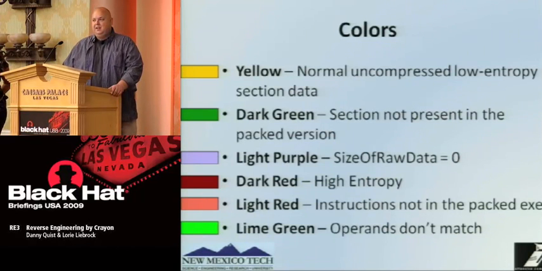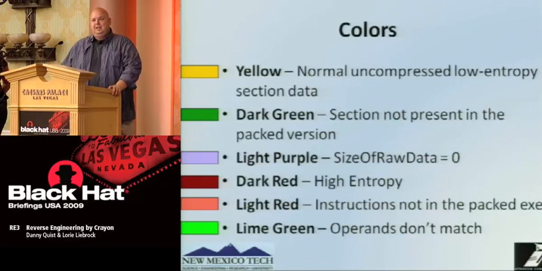The two big things that I wanted to point at execution in was anything where the original packed executable had high entropy. So that'll be dark red. And if the instructions don't match inside of the packed executable, this would be light red. So dark red would be something that's like compressed or encrypted code.